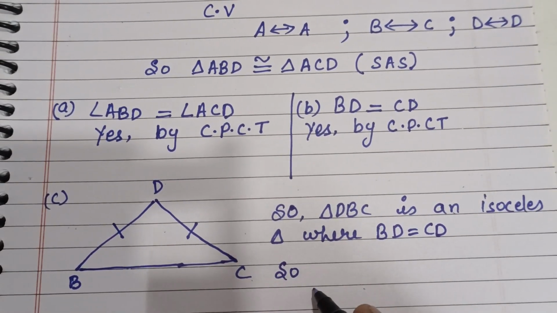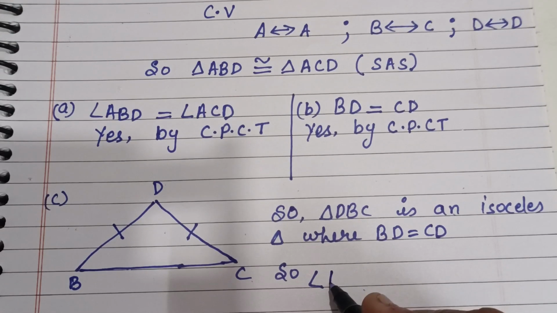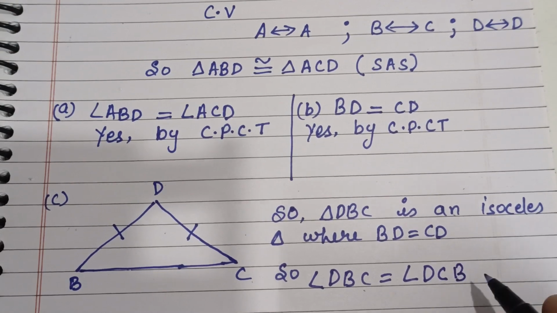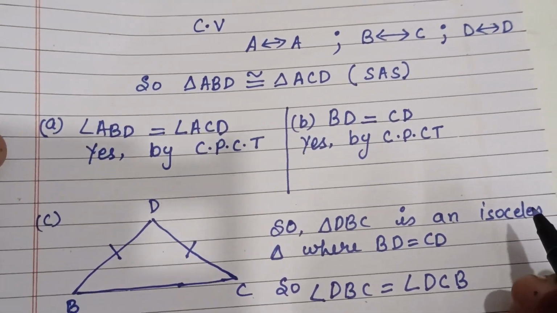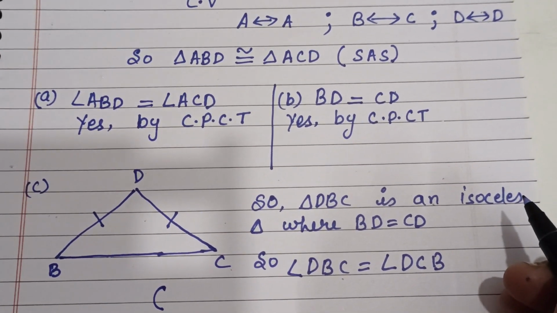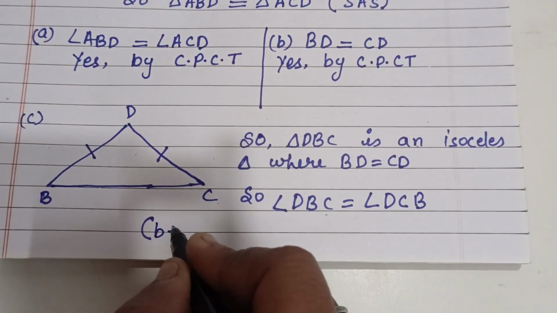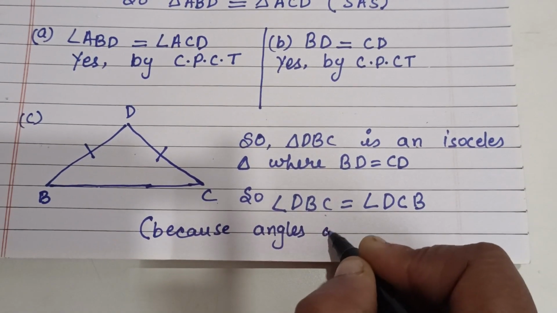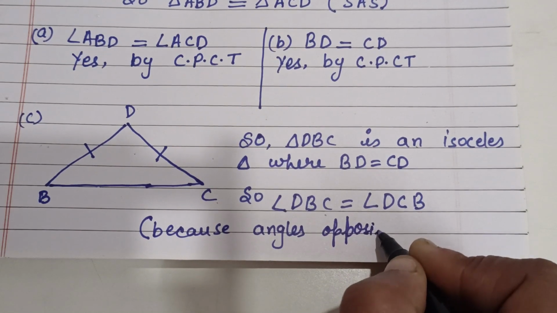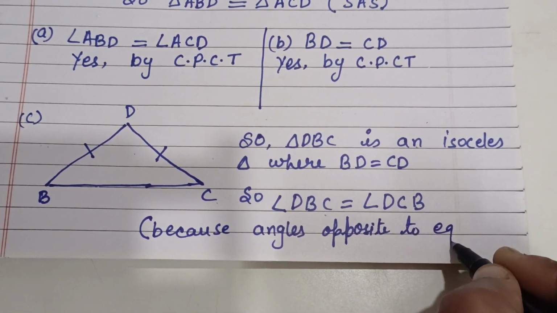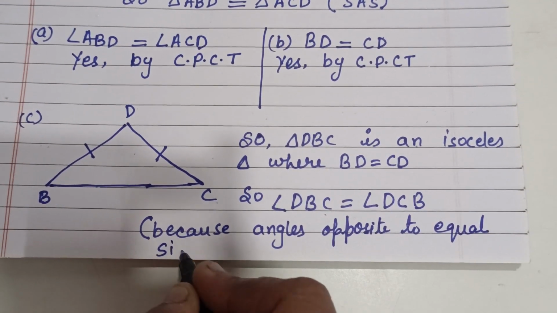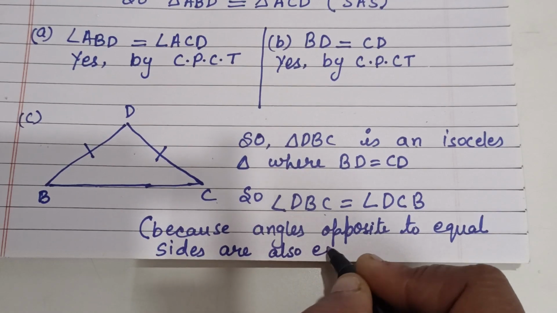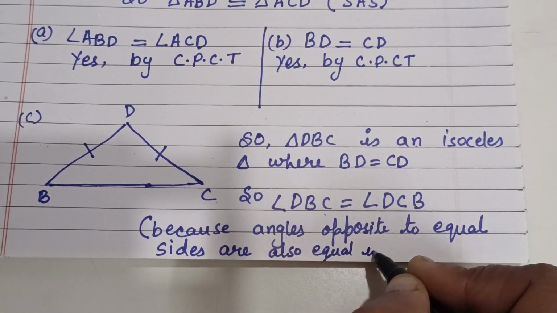So angle DBC will be equal to angle DCB, because angles opposite to equal sides are also equal in a triangle.